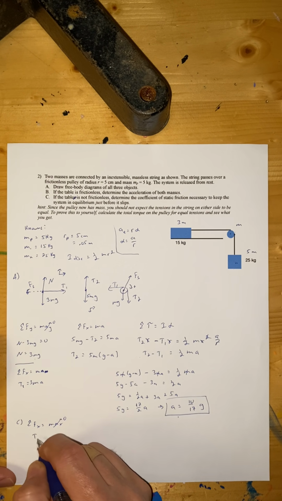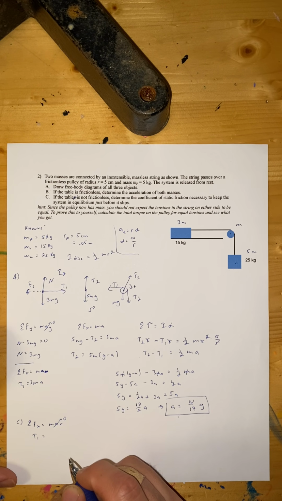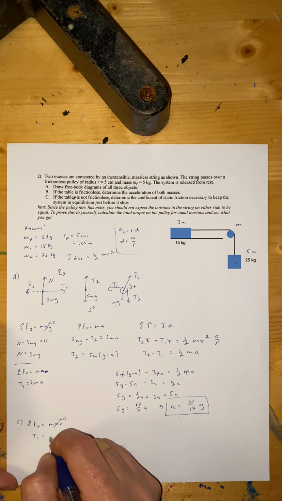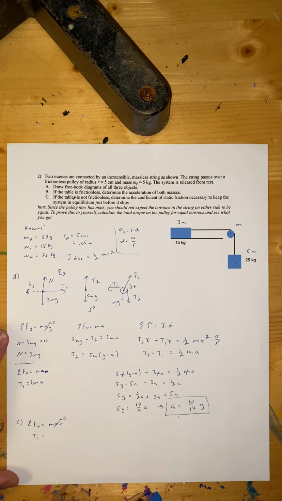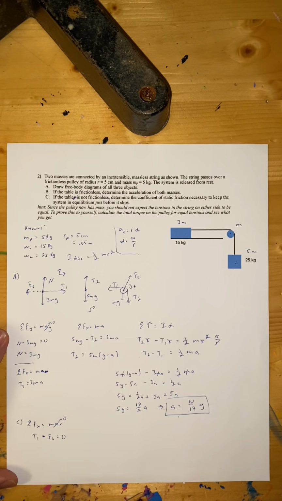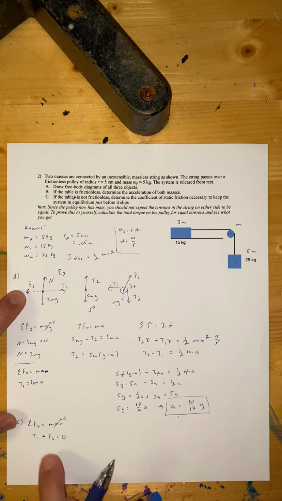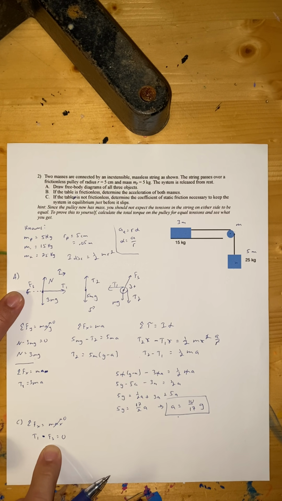So I get T1 is equal to 0. No, sorry, that was not going to work. T1 minus static friction is equal to 0. I was wondering how that was going to work out. Yeah, because I have static friction now. Let me go ahead and put in what I know static friction to be. If it's maximized, that's mu static normal.